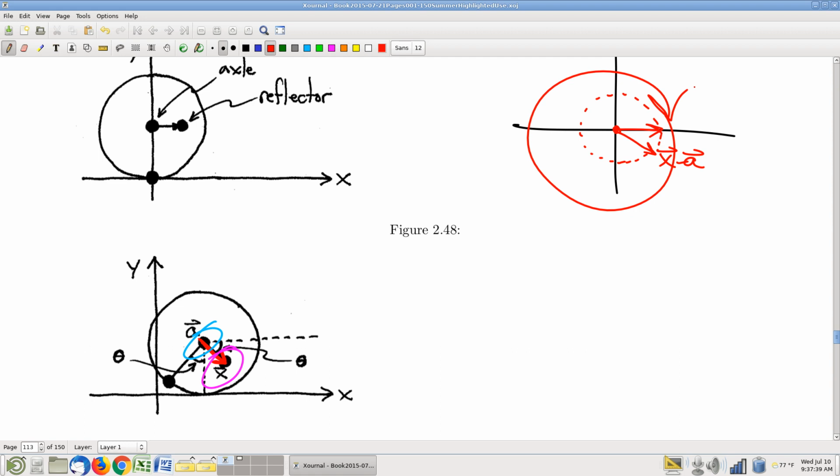So let's do it. You can see here this vector has a fixed magnitude of 8, and it is rotating the same way that the wheel is. So that angle there is this same theta that we referred to here. And now it's just a matter of flashback to trig class from high school.